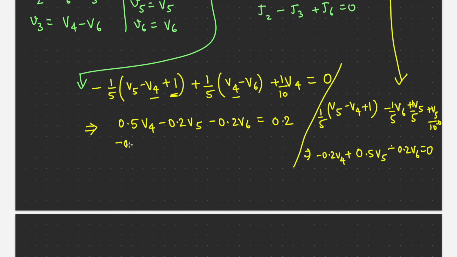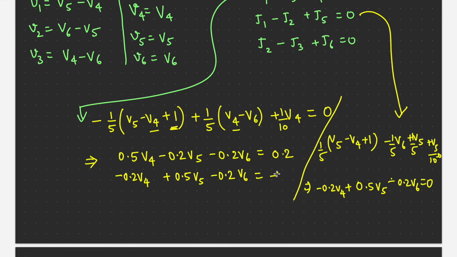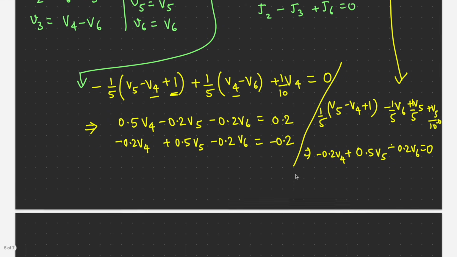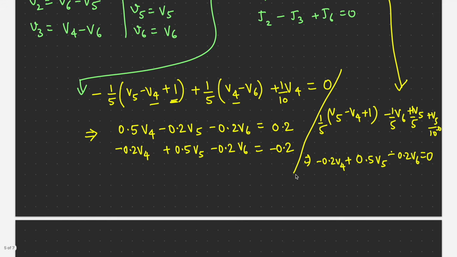It's minus 0.2 V4, then plus 0.5 V5, then minus 0.2 V6. Then to write the third equation, we have to take J2 minus J3 plus J6.